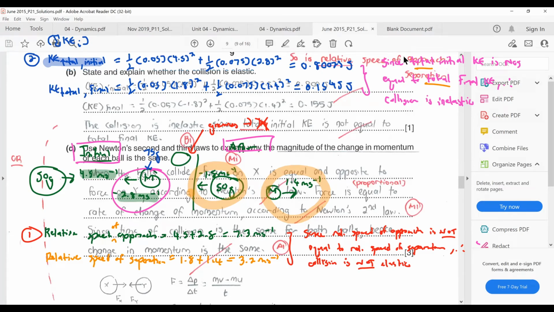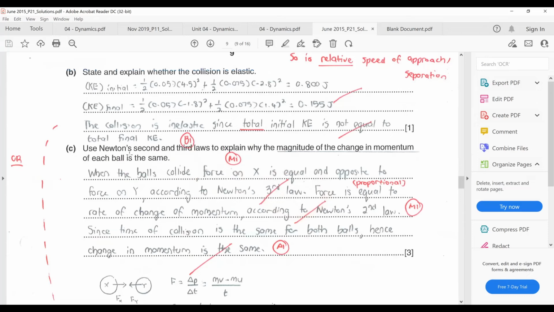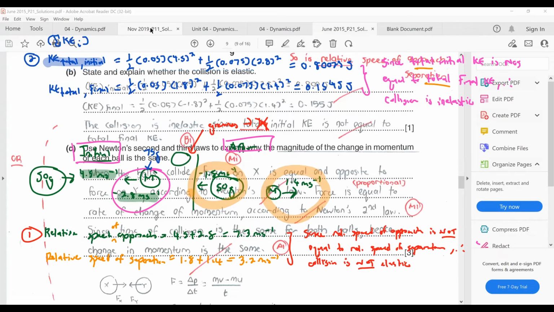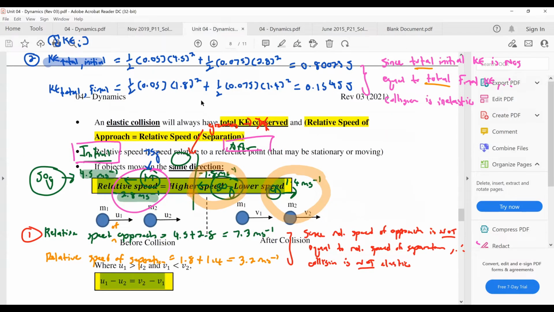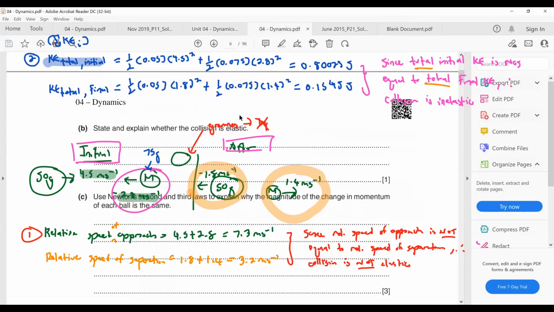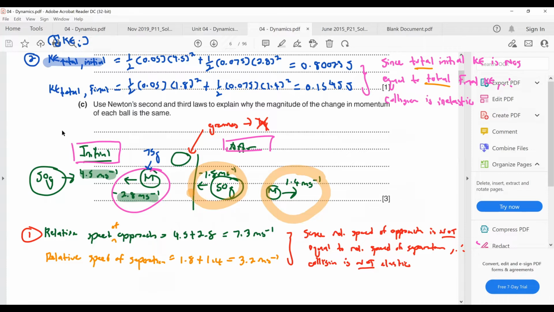Then another one will be for part C. They ask you to use Newton's second and third law to explain why the magnitude of the change in momentum of each ball is the same.